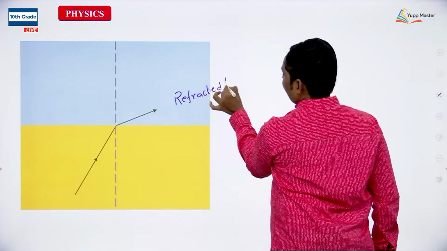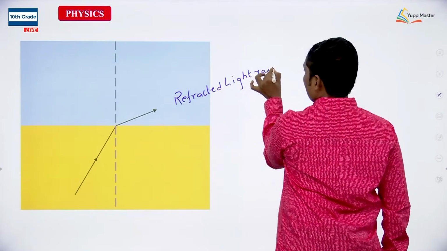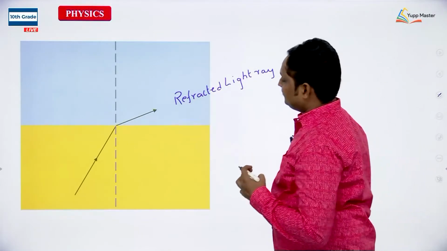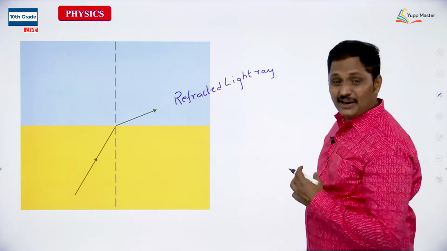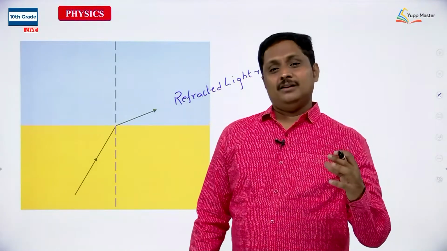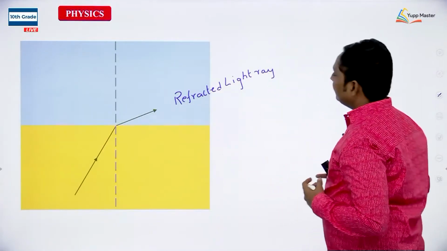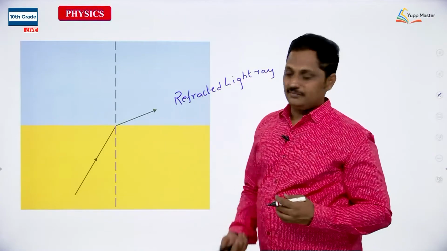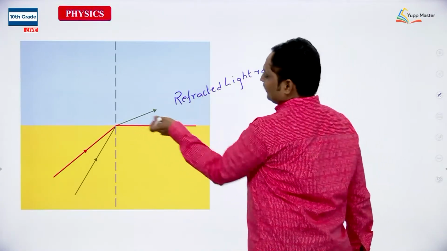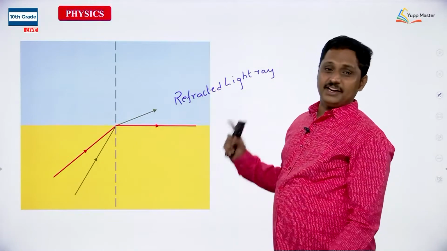Now, in the refracted light ray, there exists a change in its speed and a change in its wavelength, but the frequency remains the same. Okay, let us go for another one. It has been refracted through the boundary, through the interface, it is very clear.